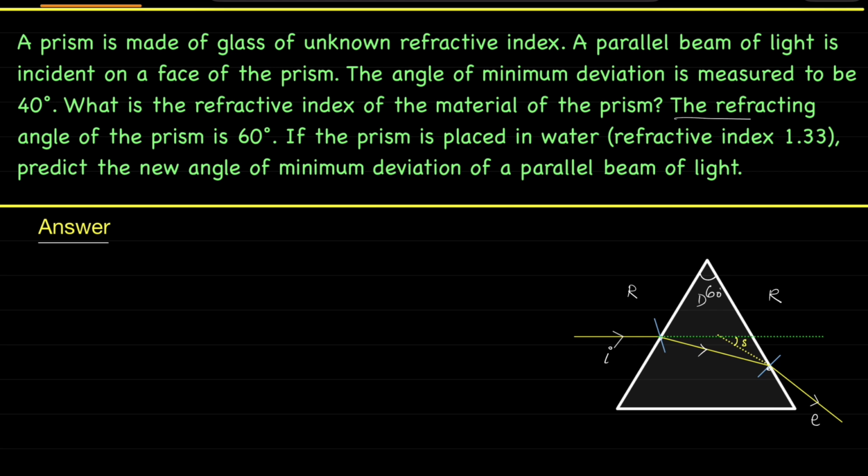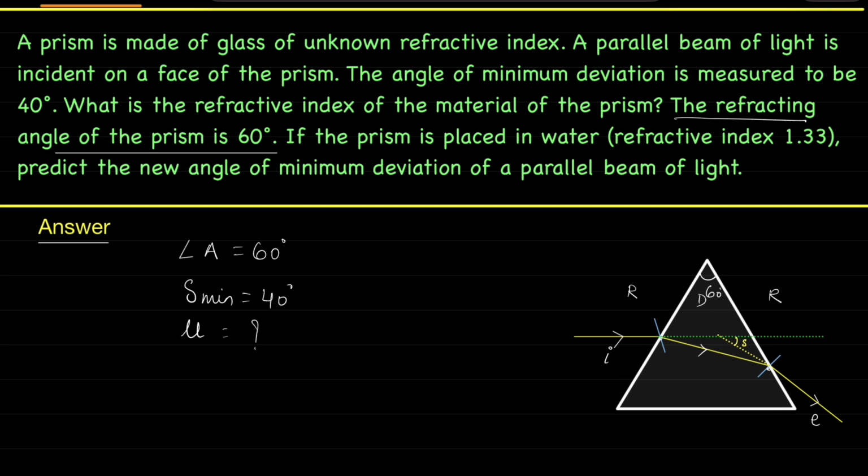If in the question the refracting angle of the prism is given, it is our angle of the prism. So angle A value is given as 60 degree. Minimum deviation is given as 40 degree. We have to find the refractive index.